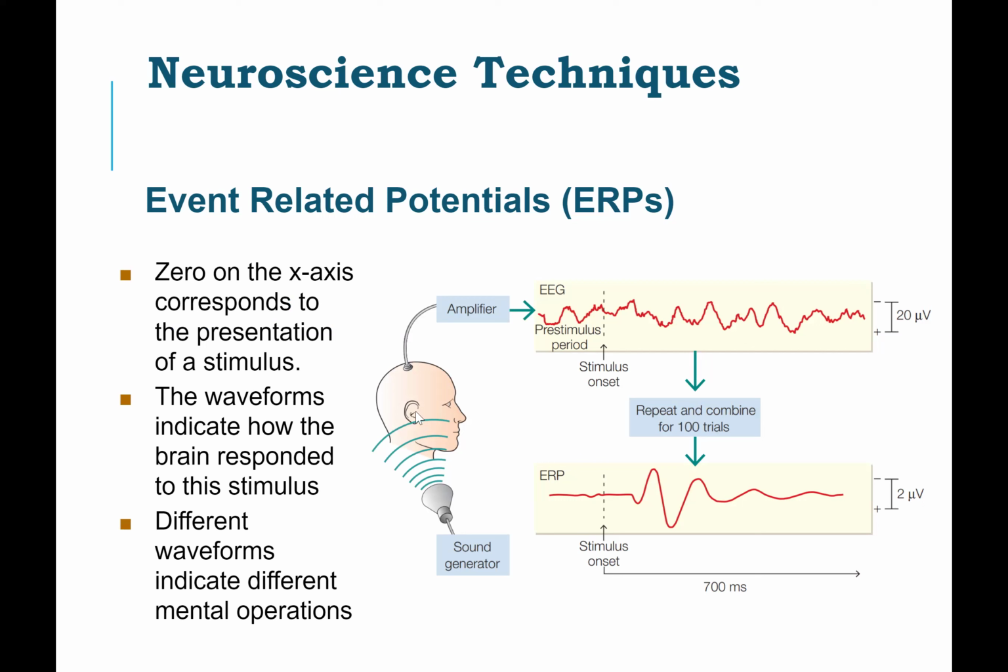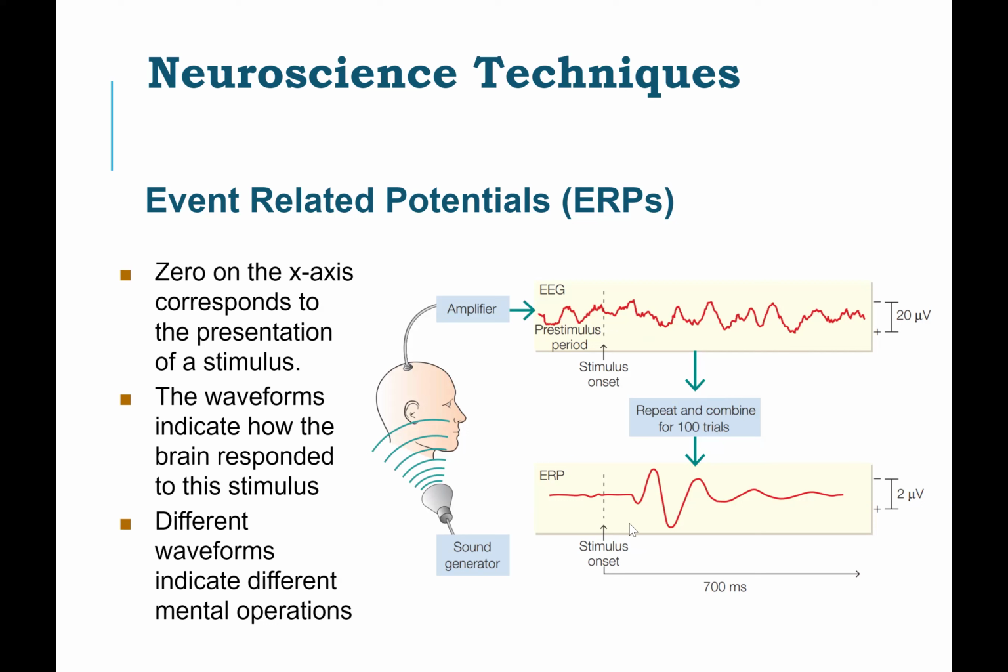So for example, let's say you have a person sitting there, you play a sound, and then you look at their EEG signal and see what happens from the stimulus onset. A lot of the time, these experiments have to be repeated because the EEG signal is very noisy.